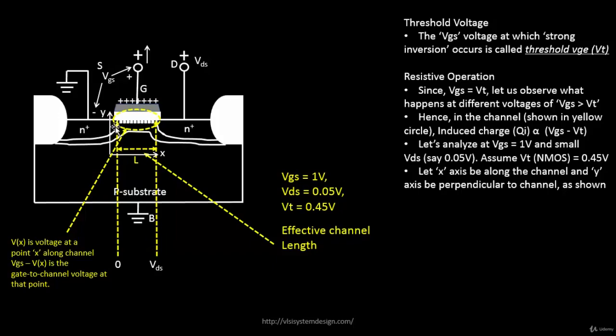So your effective gate to channel voltage will be VGS minus V of x. At every point the voltage will vary, and this is a very important point to understand, because it will eventually lead to the current flow, and the current flow equation will vary based on what we learn shortly.